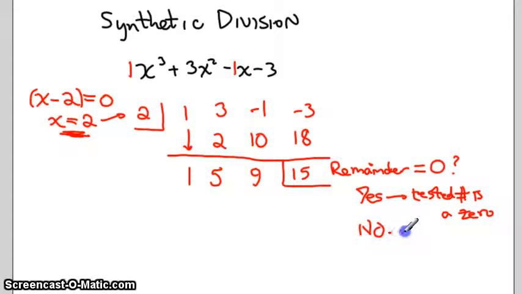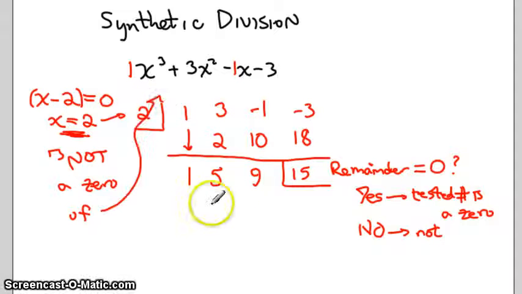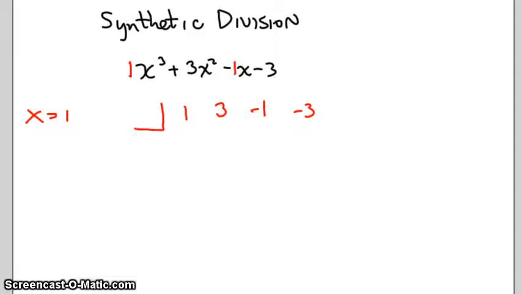And if it's not 0, then it's not. It's just that simple. So we see that x equals 2 is not a 0 of this guy.